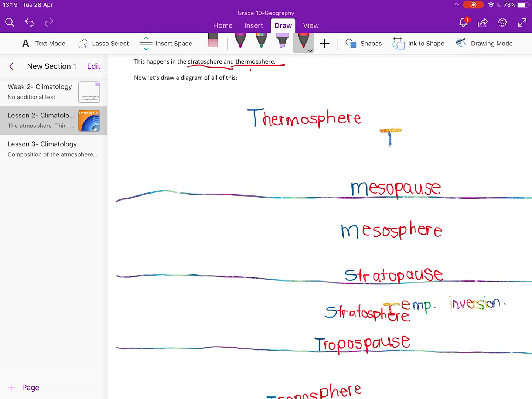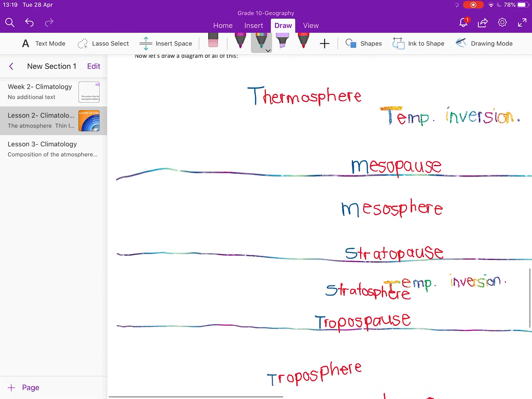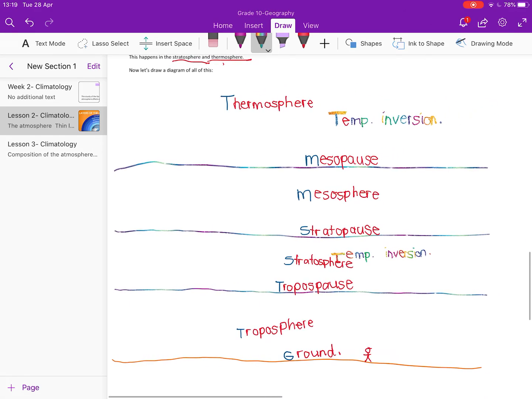Something that happens in the thermosphere is temperature inversion, where temperature increases with height. So the higher up you go, the hotter it gets. If we have a look at our whole drawing, temperature is lower in the troposphere, higher in the stratosphere, lower in the mesosphere, and higher in the thermosphere.